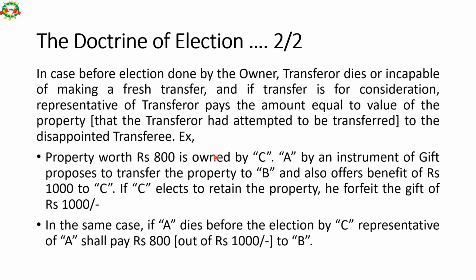Owner is C. So some third person A wants to transfer this property to B and also offers a benefit of 1000 rupees to C. So if C elects to retain the property, he forfeits the gift of 1000 rupees.